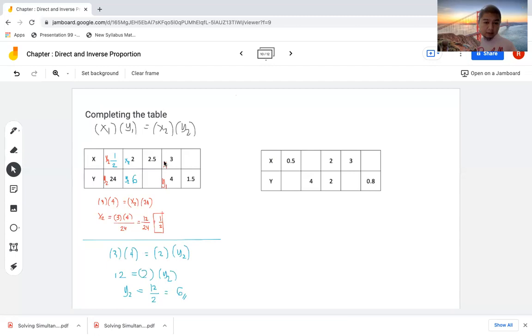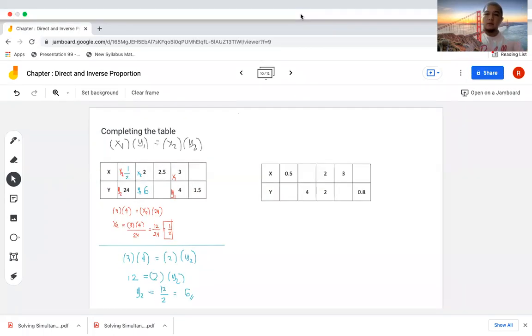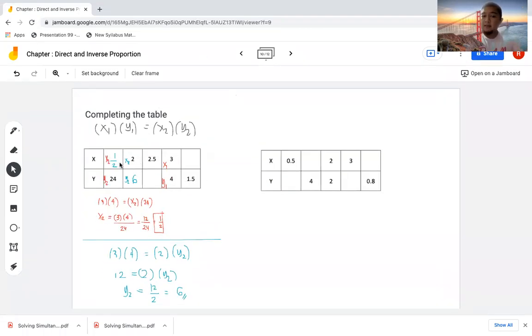Did I answer that one correctly? Oh, wait. Yeah, 6. All right, so notice that if you multiply these values, automatically they will be the same.